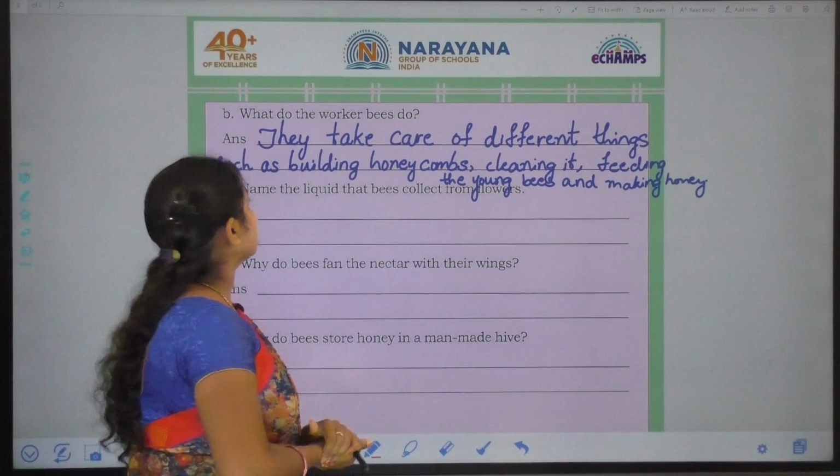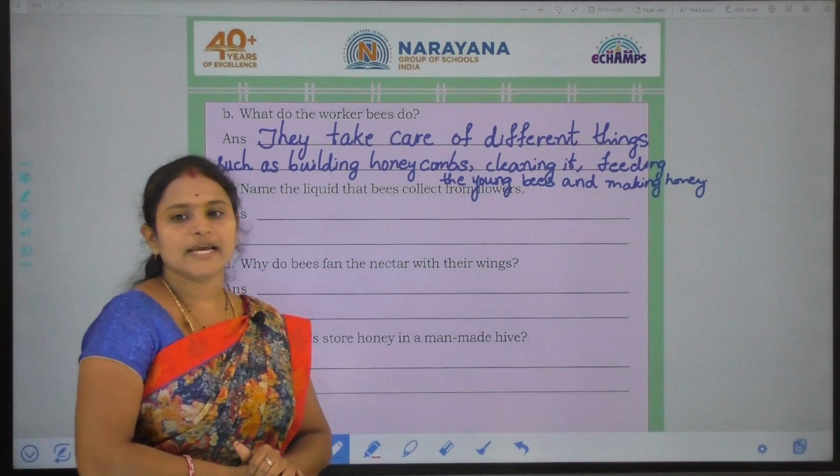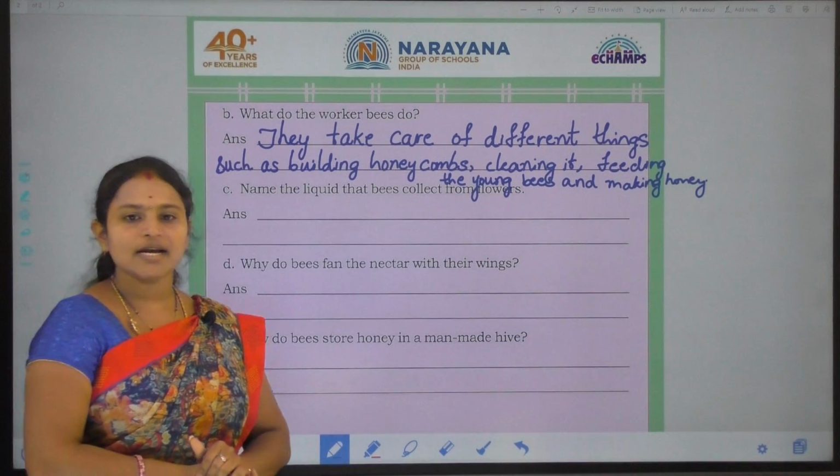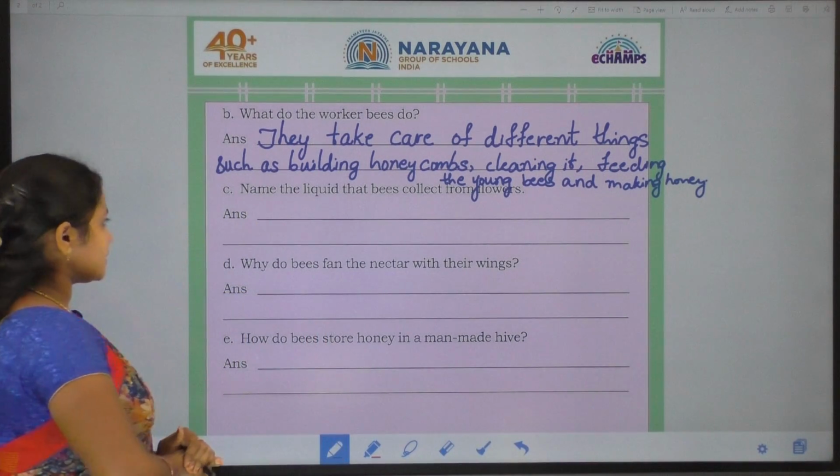They take care of different things such as building honeycombs, cleaning it, feeding the young bees and making honey. So let us see the C question.